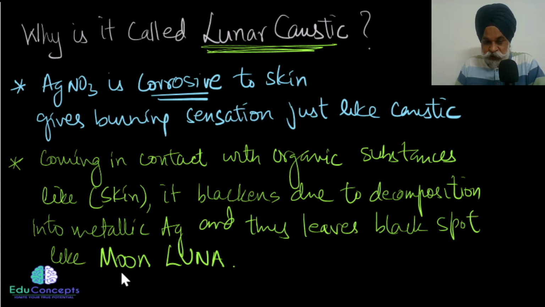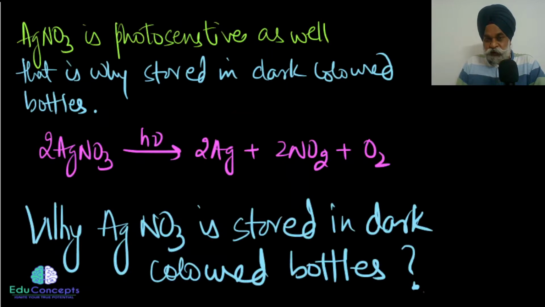That is why it is called lunar, just like the moon, Luna. But the point here is you should not do it at your place, that you just put silver nitrate onto your skin to get metallic silver on the skin. That is not advisable.